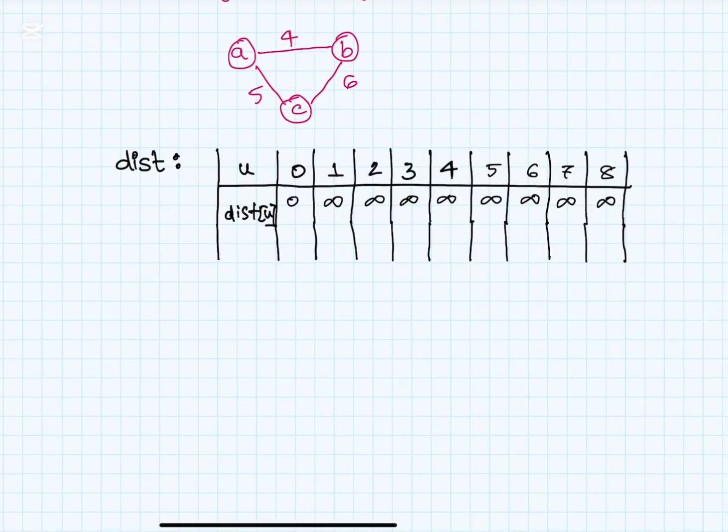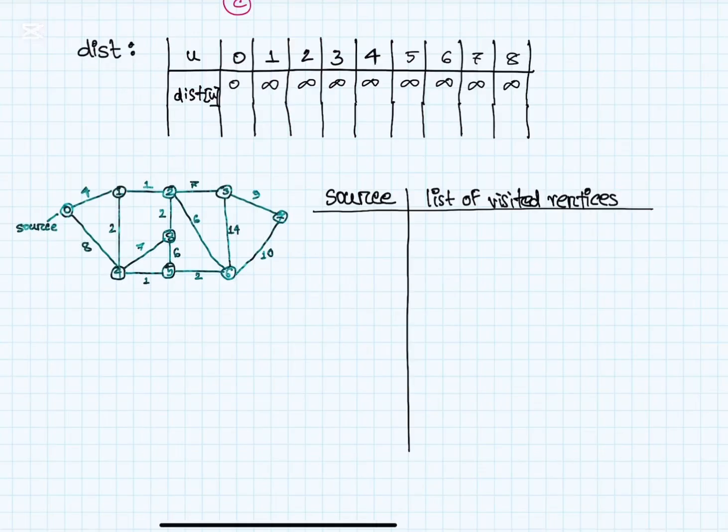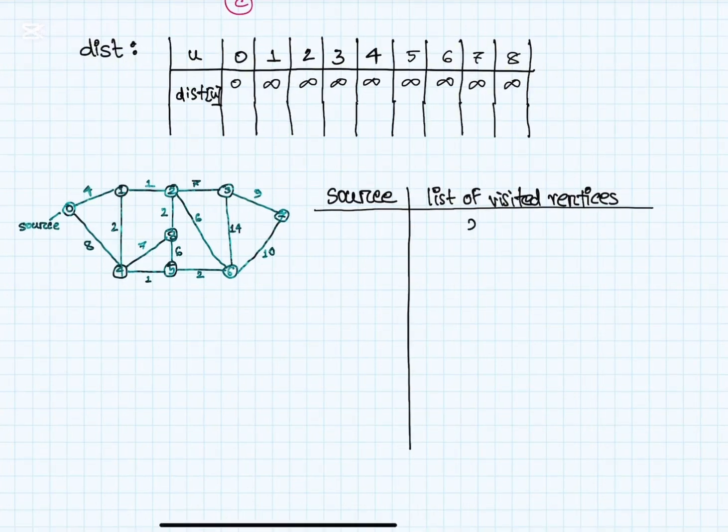In it, we'll store pairs. The first integer will point to the vertex, and the second integer will point to the distance from the source. At first, in the list of visited vertices, the source will be added with its distance. So 0, 0, and we will choose this as the source.